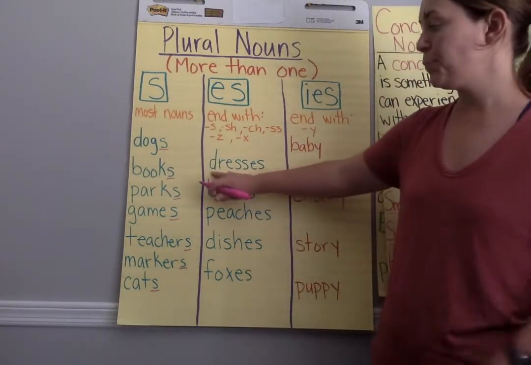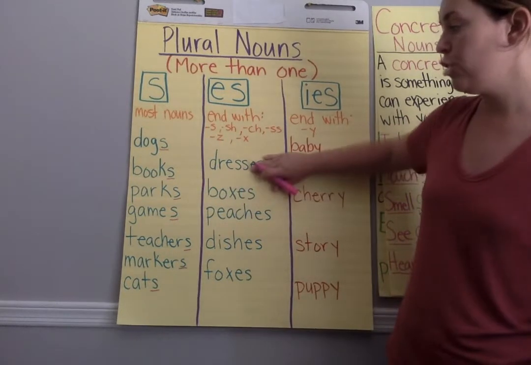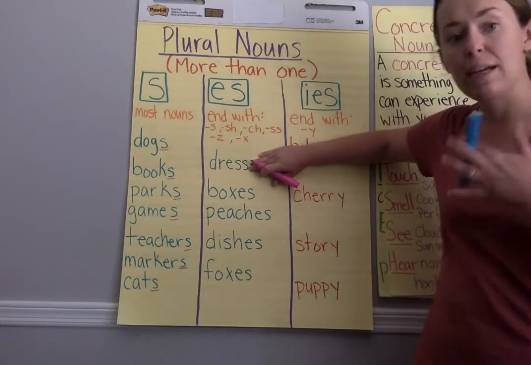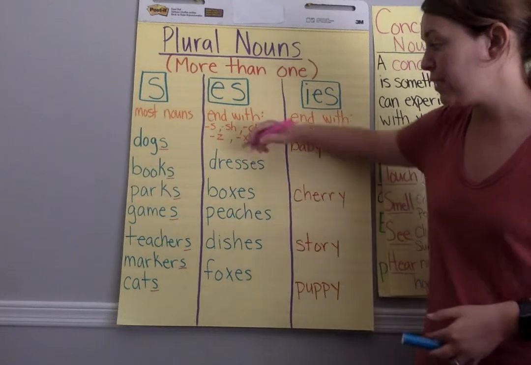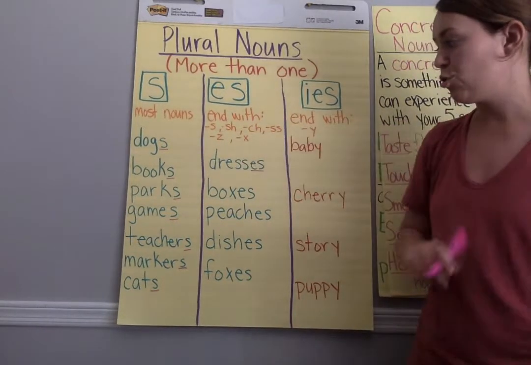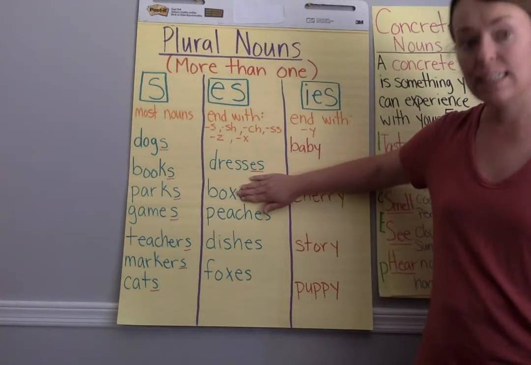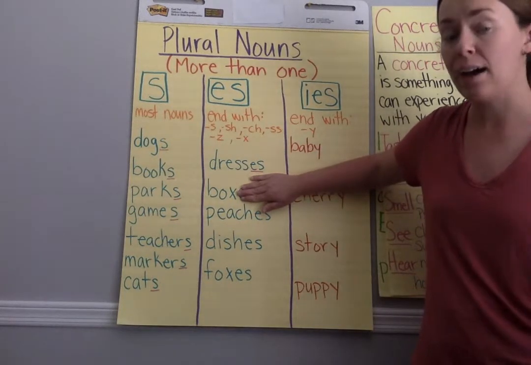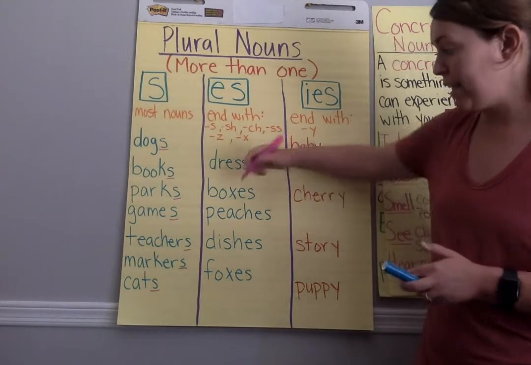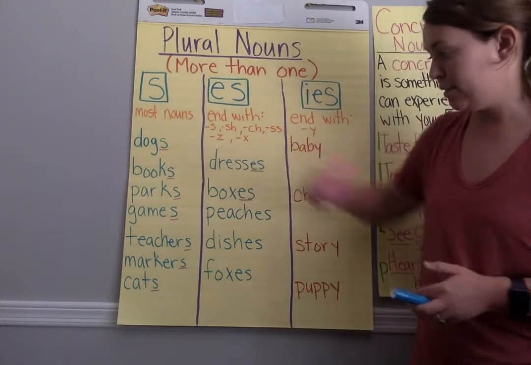So for example, if we start with the word dress, and we want to make it into more than one dress, we have to add the ES, dresses. Same here, if we start with the word box, to make it sound like there's more than one box, we have to add the ES, boxes, okay?